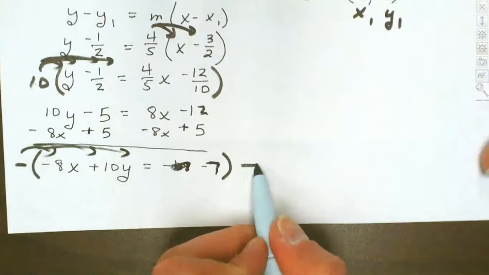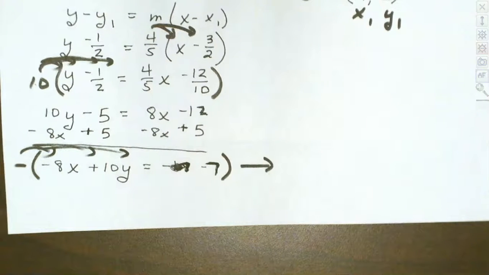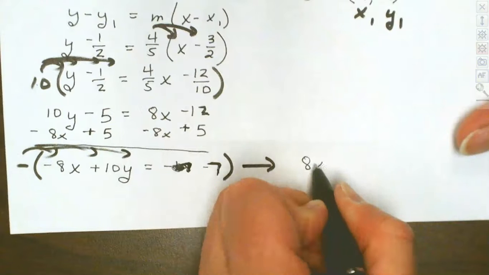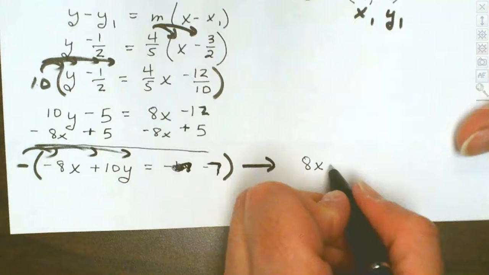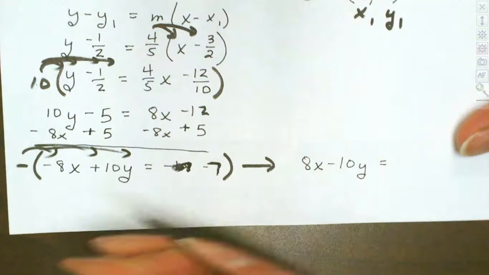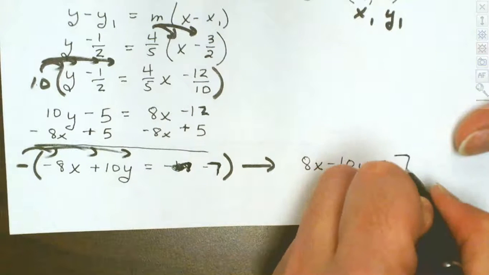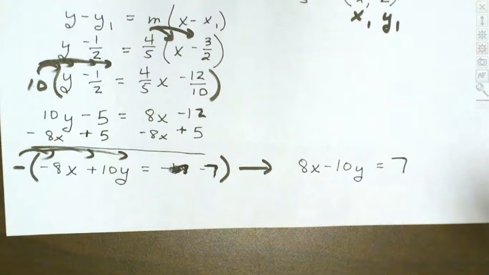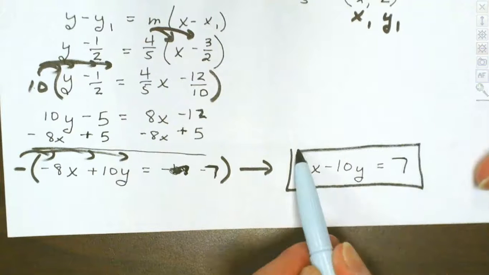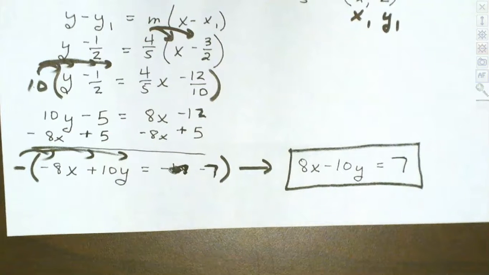And now we have our answer in standard form, which is 8x minus 10y equals 7. And that's your final answer in standard form.